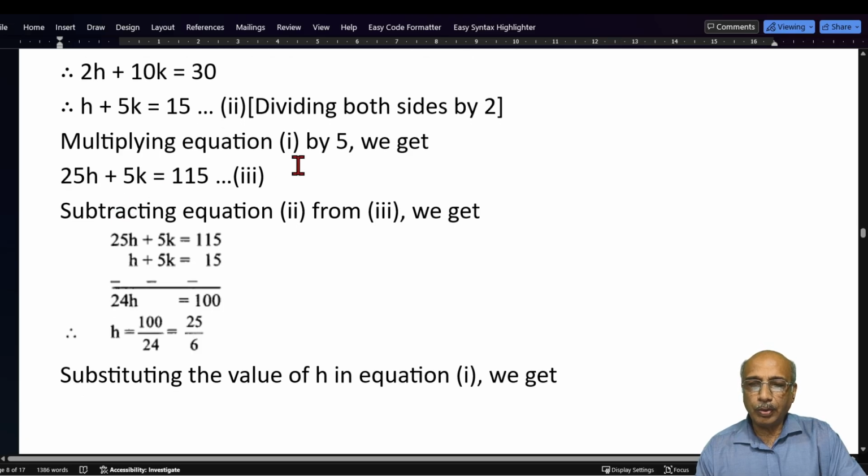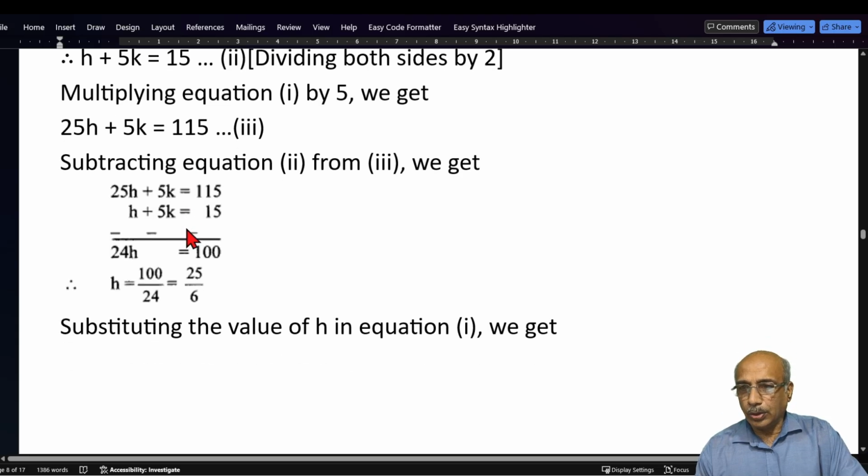Multiplying equation 1 by 5, we get 25h plus 5k equals 115. Why is it multiplied? Because we have to solve these two equations, first and second, simultaneously. So subtracting equation 2 from 3, we get 25h plus 5k equals 115 minus h plus 5k equals 15.